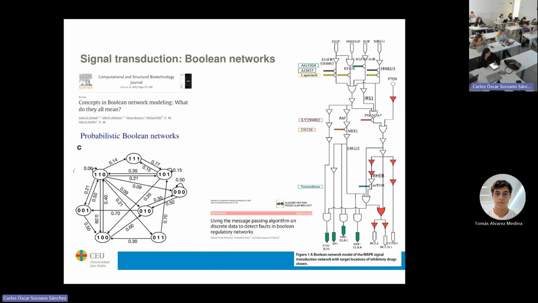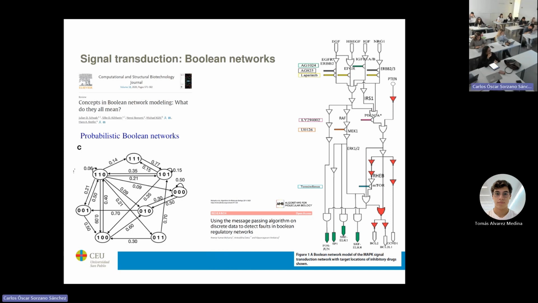If this molecule is high, then this is negated, negatively affected by this binding. These are inhibitors. So if this is high, this will be low; if this is low, this will be high. Then this high here causes a high there, and it propagates in a kind of circuit.